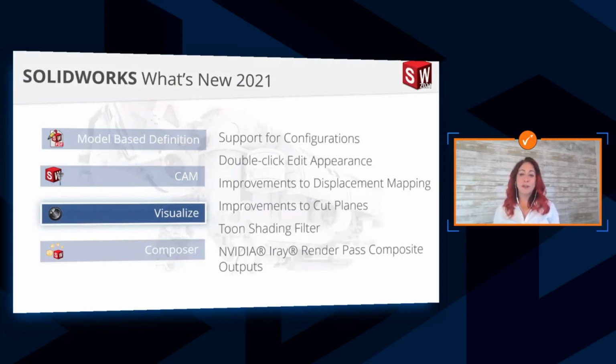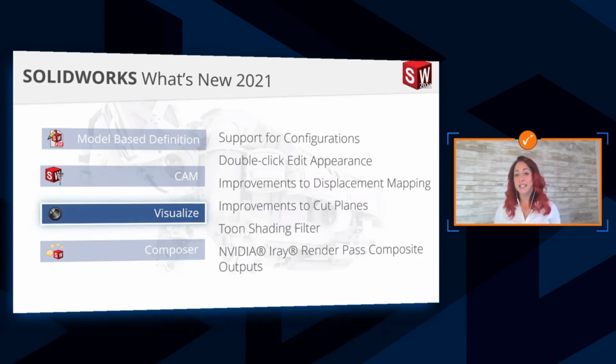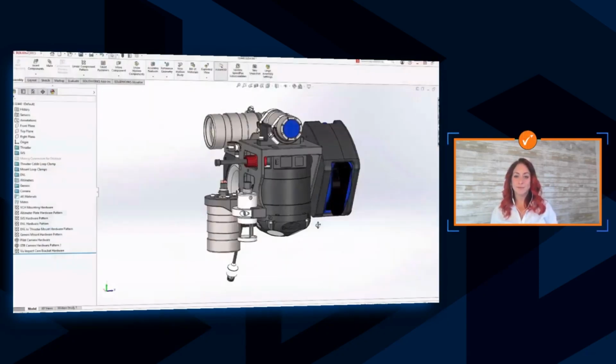SOLIDWORKS Visualize has been around for a few years now, and I truly hope you guys are leveraging it already. And if you're not, or still using PhotoView 360 maybe for your renders, then we should definitely have a chat. Visualize is our amazing standalone photorealistic rendering platform, and this year it's become even more robust to meet your rendering needs.